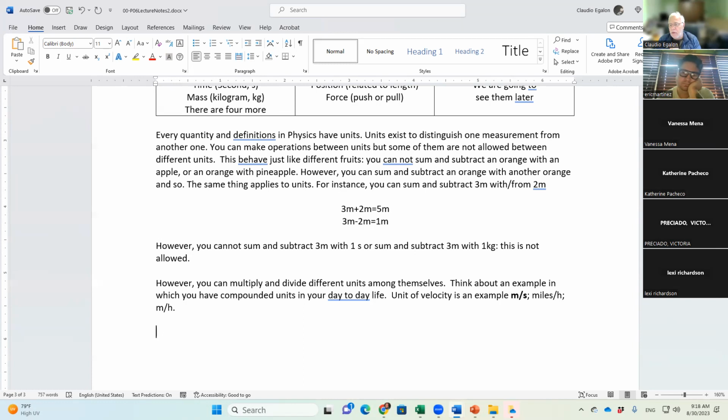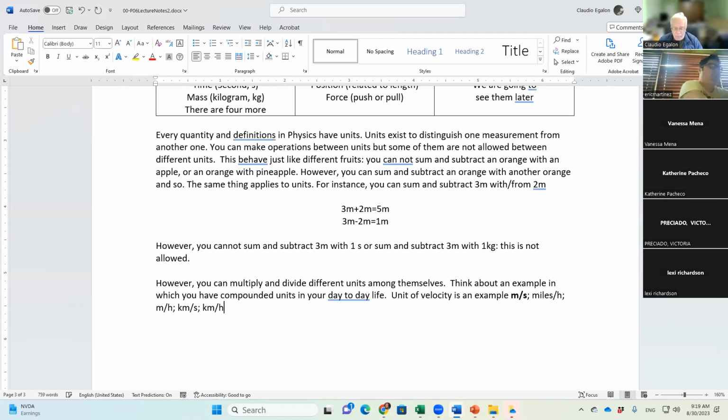You can invent all sorts of units provided the quantity that you're defining makes sense. You can have all sorts of compounded units like that. The most important here is going to be the unit for velocity that we're going to see soon. Miles per second, miles per hour, kilometers per second, kilometers per hour, and so on.